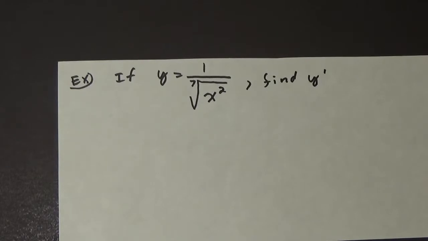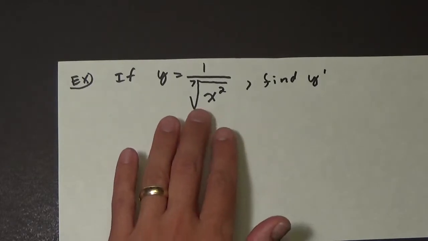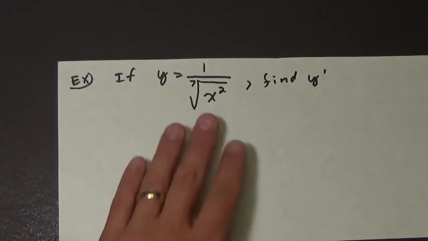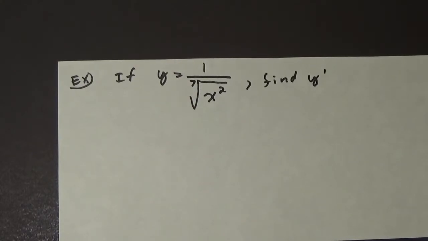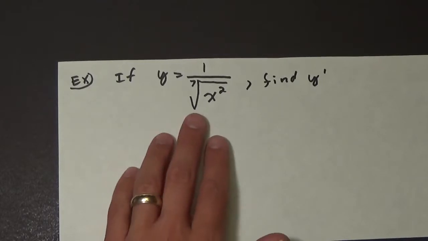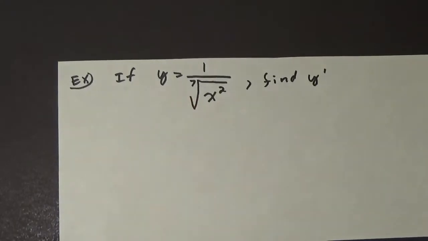Okay, so here's one. Even myself, I would have a hard time doing that one without rewriting. I mean, we have a 7th root in there. But again, a simple rewrite really helps things. And we do have to remember that a 7th root is the same as x squared to the 1/7 power.